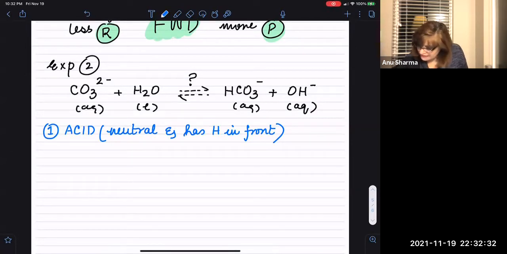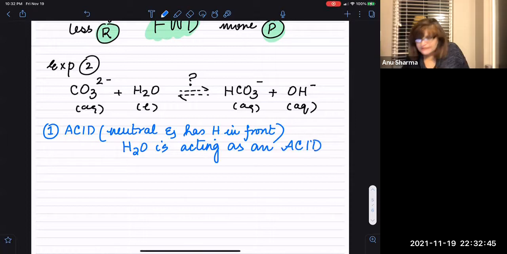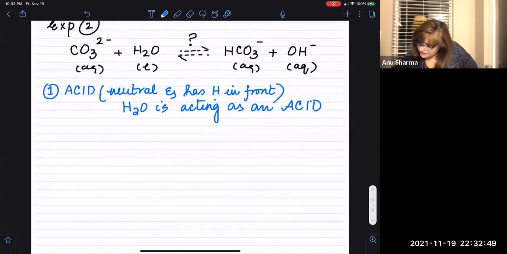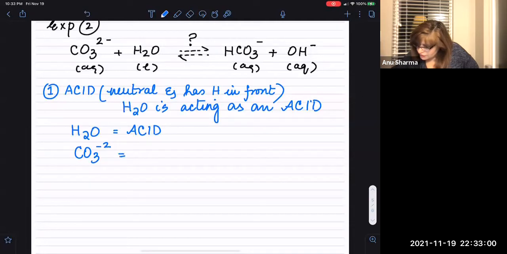So H2O is acting as an acid, and the carbonate ion, the one reacting with it, is going to act as a base.